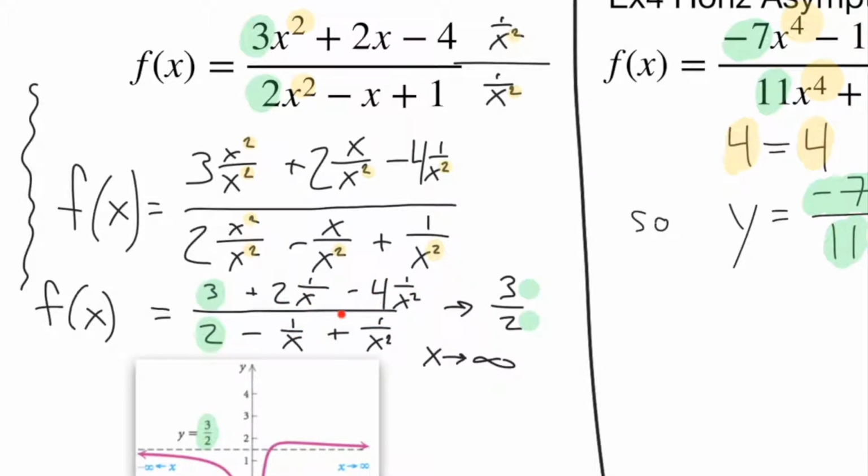All of these terms will eventually go to 0, or as close to 0 as you want, by choosing a large enough x value. So these terms don't really matter very much when you're choosing very large x values. It basically boils down to 3/2, which is the horizontal asymptote. And you can get as close to 3/2 as you want by choosing an x value as large as you want, making these terms as small as you want.